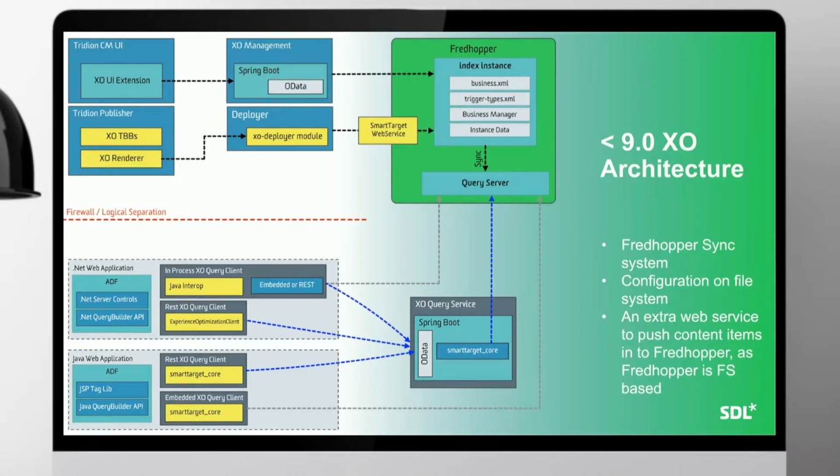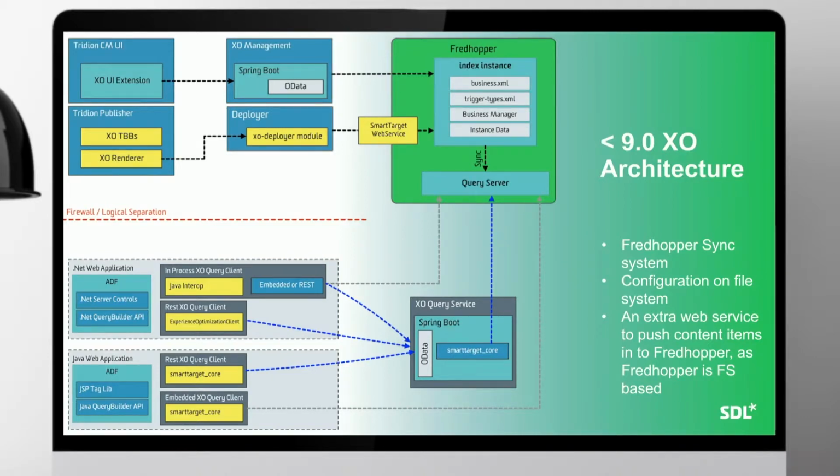communication with Fredhopper on the CM side actually went through the XO management service in Web 8.5, which is an OData API which feeds the XO UI extension in the Tridion CME to be able to create, save, and update promotions and experiments.